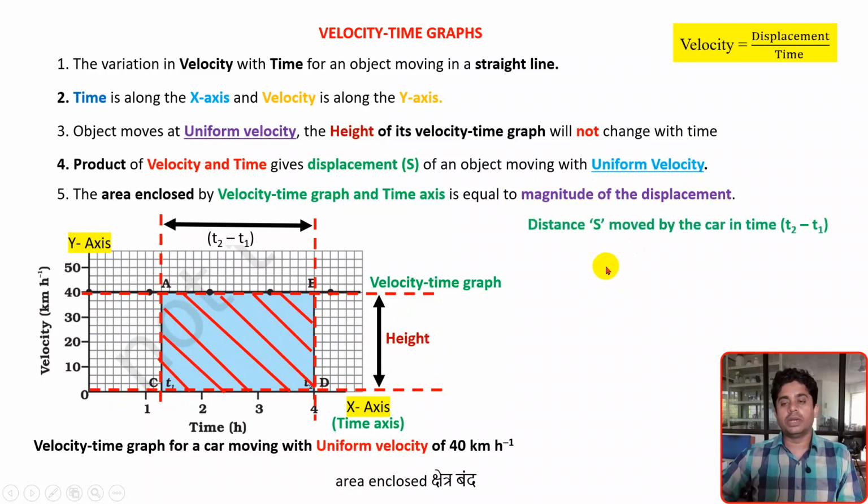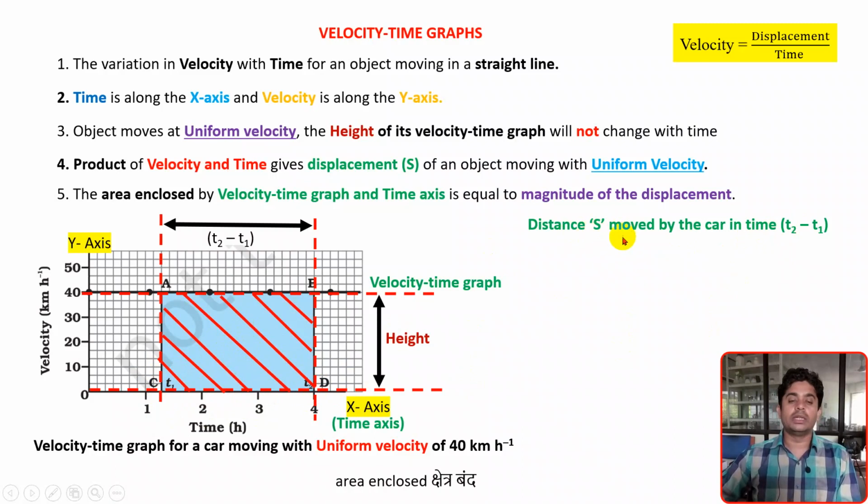Now suppose I want to calculate the distance moved by the car between times t1 and t2. Here is the time t1 and here is the time t2. C corresponds to t1 and D corresponds to t2. So in the time t2 minus t1, how much distance has the car traveled? How do we calculate it?